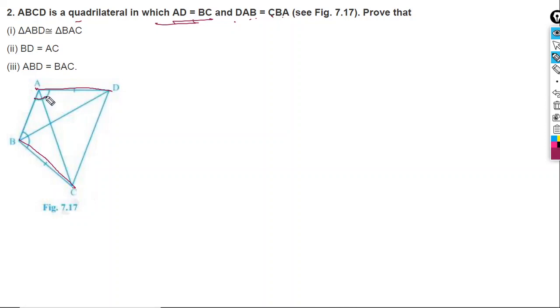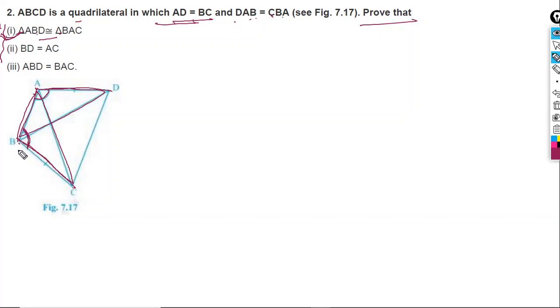Okay, these two angles are equal. Three parts are there. We will go part by part. First we will move to part 1. Prove that triangle ABD is congruent to triangle BAC.